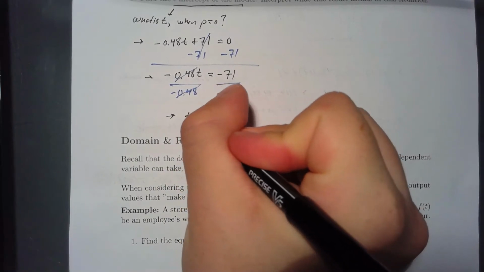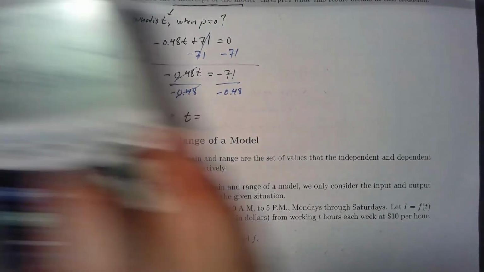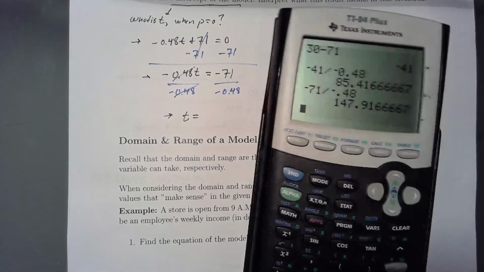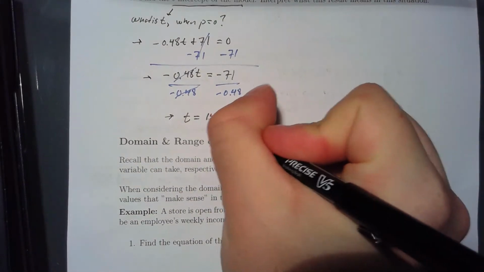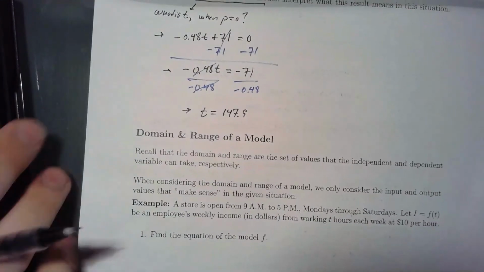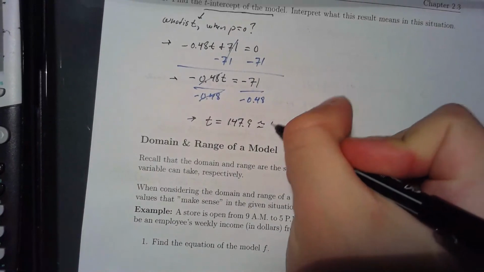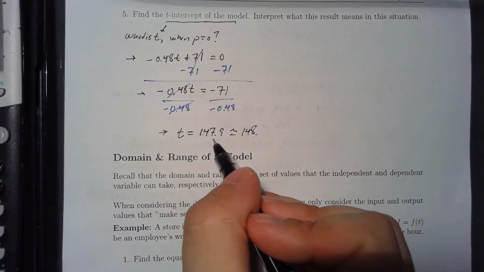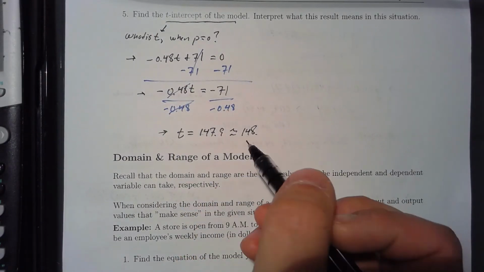So t equals negative 71 divided by negative 0.48, so calculator time. That gives us 147.9 approximately, right? So I could round that up to 148. And the reason being is this: remember, this is the number of years, so it's close enough to 148. I'll just round it up to that.